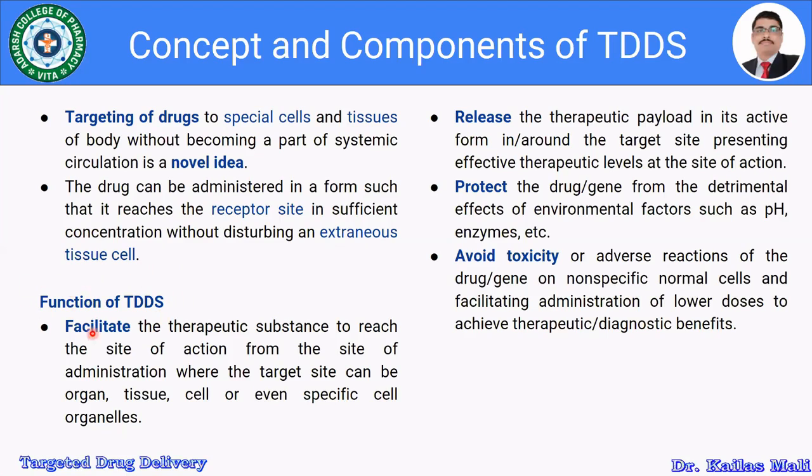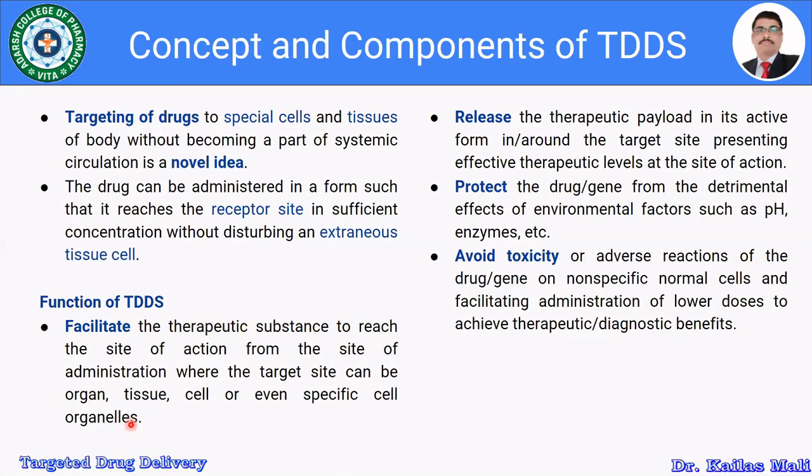It has various functions in terms of facilitate, release, protect, and avoid. The very first one is facilitate. It facilitates the therapeutic substance to reach the site of action from the site of administration, where the target site can be an organ, tissues, cells, even specific cells or organelles. For example, colon targeting.